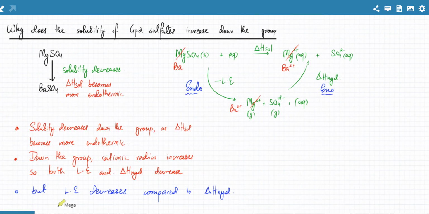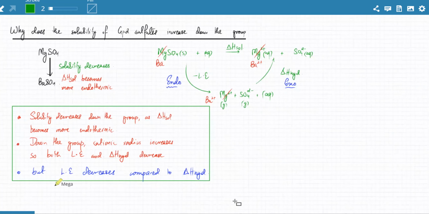And there's another one, which is for hydroxides. Now, hydroxides, it's the opposite. They become more soluble down the group. So for hydroxides, the enthalpy of solution is going to become more exothermic.